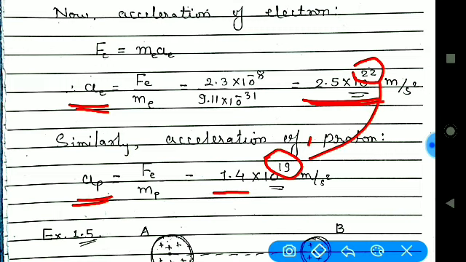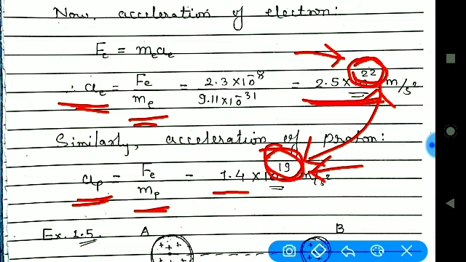Here the power is 19 and here the power is 22. As the mass of the electron is very less compared to the mass of the proton, the acceleration of the electron will be larger compared to that of a proton. Here the power is 22, which shows that it is quite large compared to the power 19.